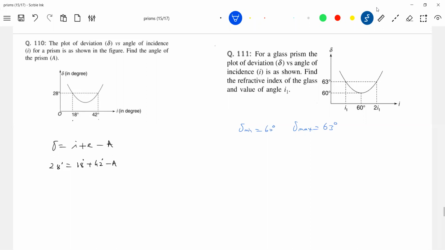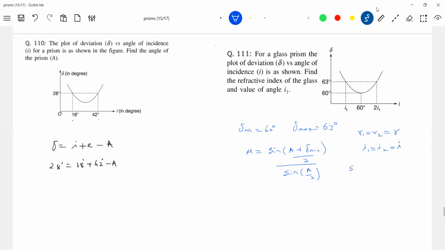So what is the formula for minimum deviation? Mu equals sine of (A plus delta minimum) by 2, over sine of A by 2. We don't have A, and the angle at which that minimum deviation occurs. At minimum deviation, we know R1 equal to R2 equal to R, and I1 equal to I2 equal to I. Then we know the angle of incidence.